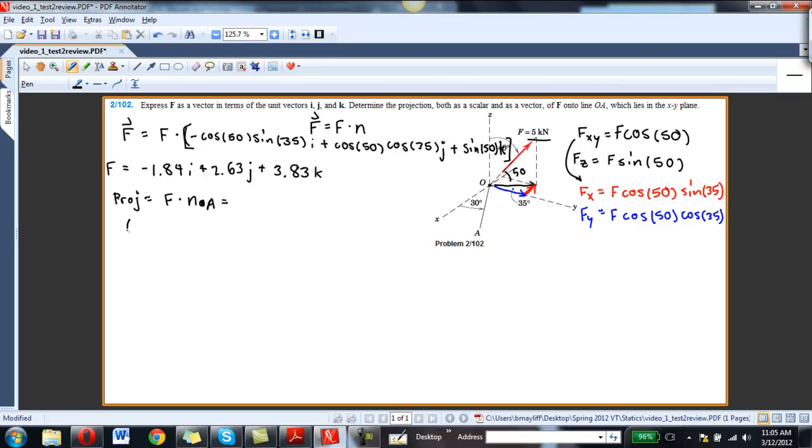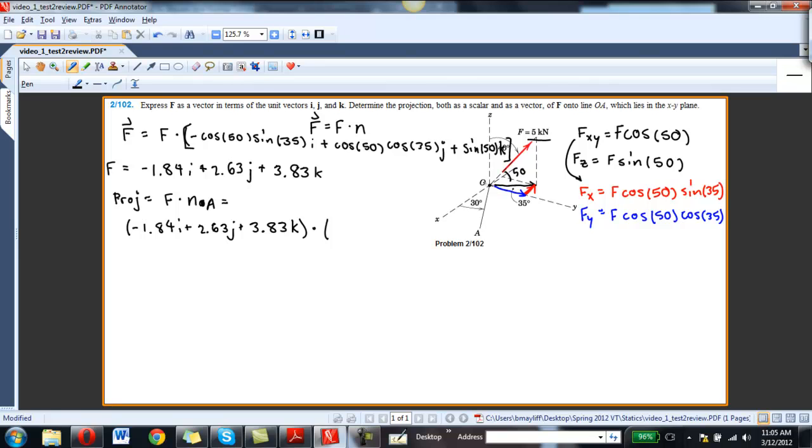So we have negative 1.84 i plus 2.63 j plus 3.83 k, and that is the F vector, and that's going to be dotted.